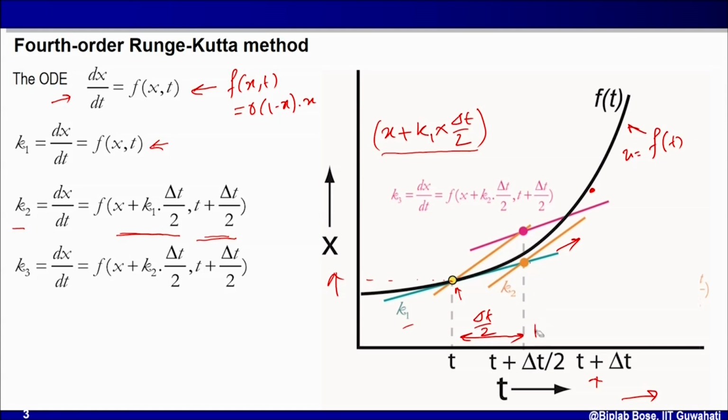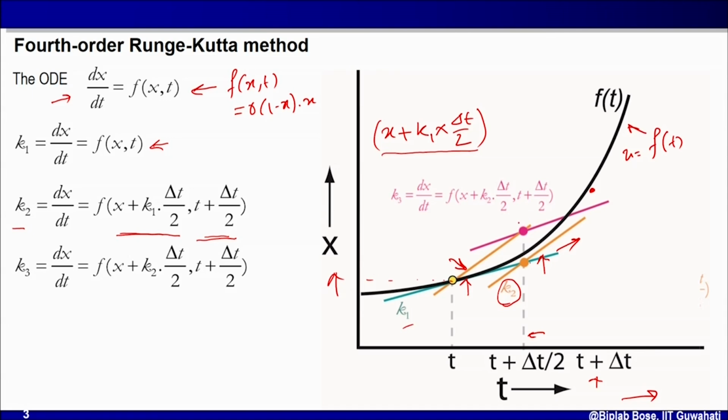I will clean this part a bit so that things become clear for you. So I am taking this orange line slope k2 and drawing an orange line at the original position of x at this yellow point. So I get this new orange line. And I extend that new orange line till it intersects the vertical line drawn at t plus delta t by 2, that is this vertical line.